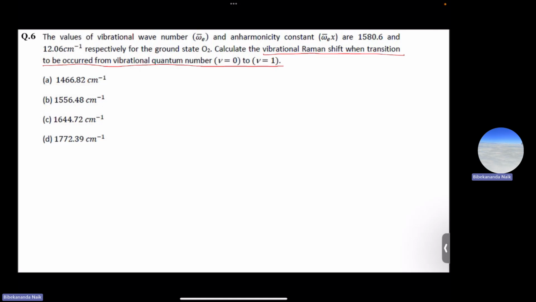The options are option A, 1466.82 centimeter inverse, option B, 1556.48 centimeter inverse, option C, 1644.72 centimeter inverse, and option D, 1772.39 centimeter inverse. I'll give you a few minutes to try this question. Then after some time, I'll discuss.